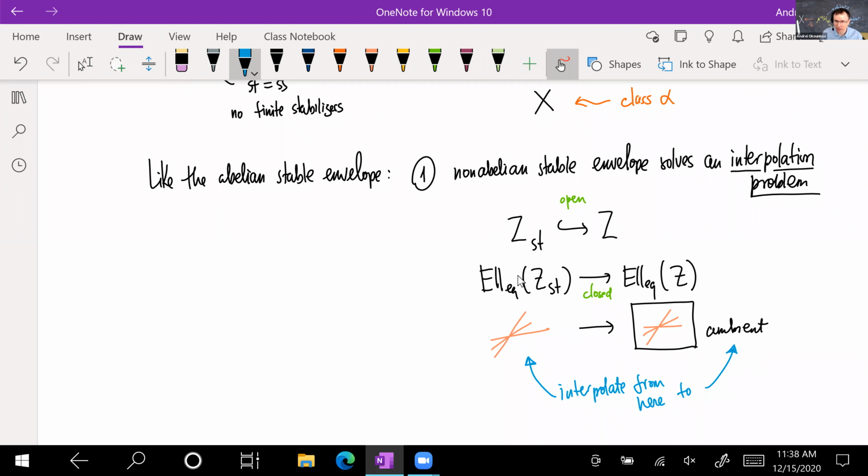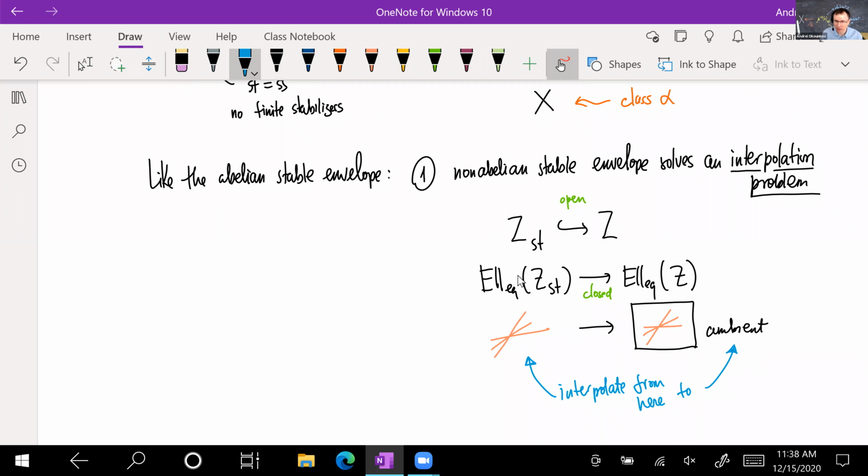And also it must vanish. So you take Z minus Y, so it has to be supported on Y. If you take the open inclusion, Z minus Y, this is again open inside Z. But similarly, if I take elliptic homology of this open, the exact same thing.